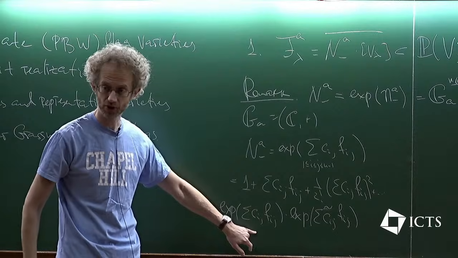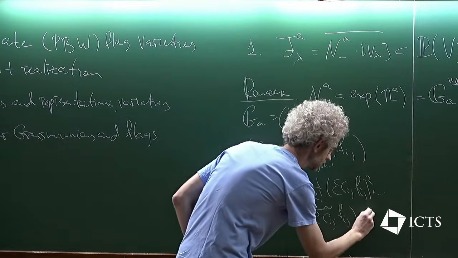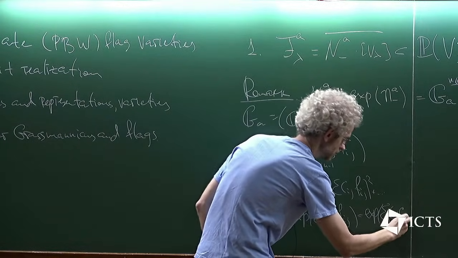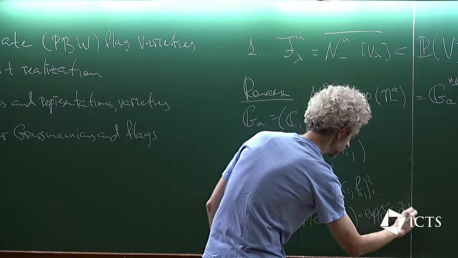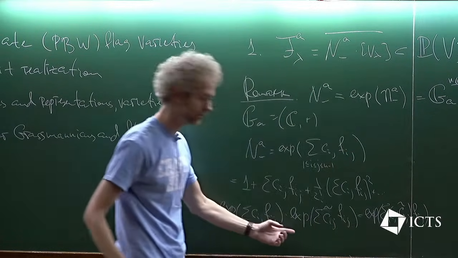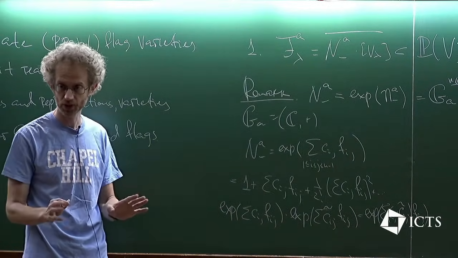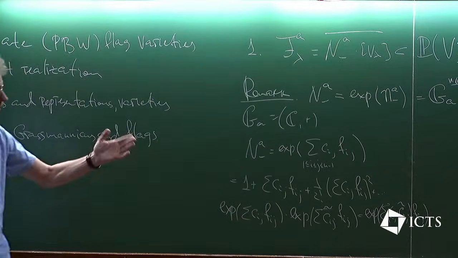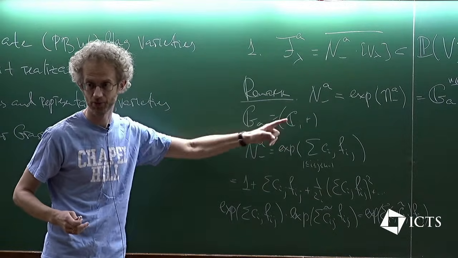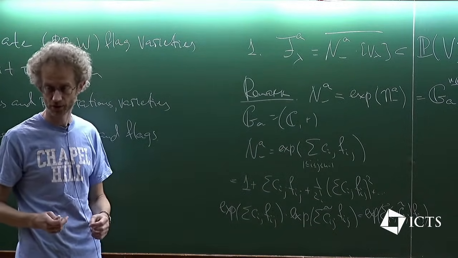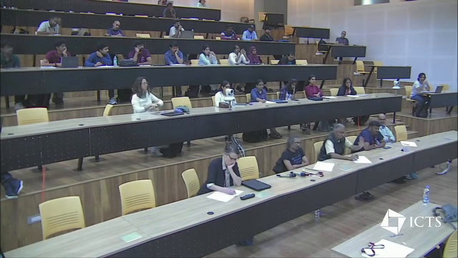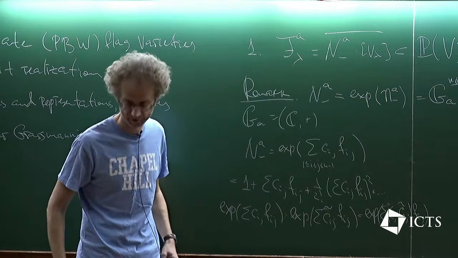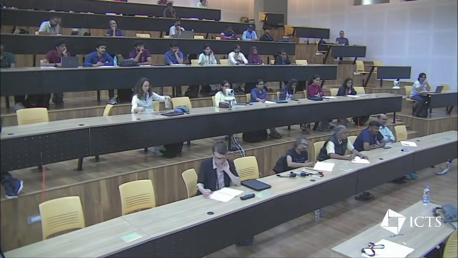This is one element of our group, and this is another, and the product is just the exponent of the sum of (c_ij plus c̃_ij) F_ij, because our operators pairwise commute. So if we multiply two exponents, we just add up the coefficients. These are exactly these numbers, the coordinates. The coordinates c_ij exactly correspond to these coordinates here. Maybe more questions?